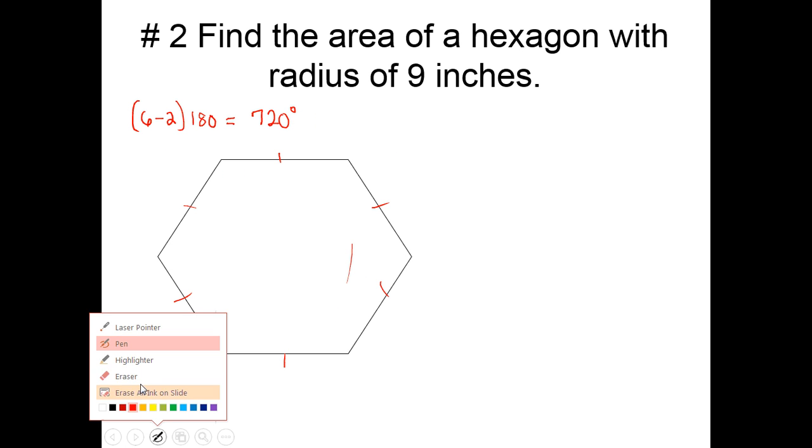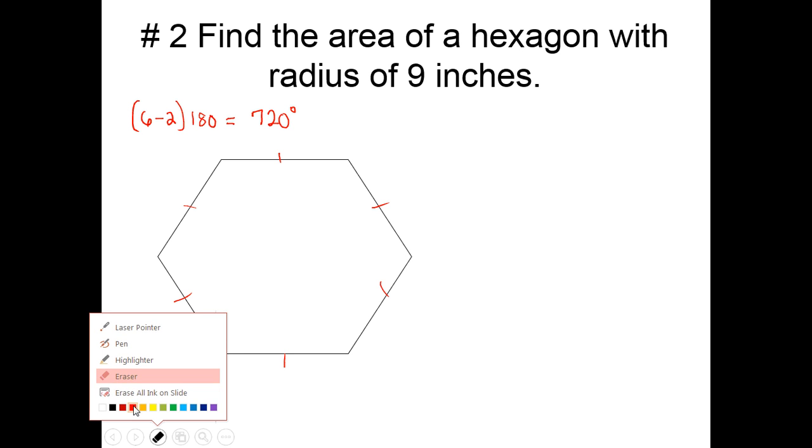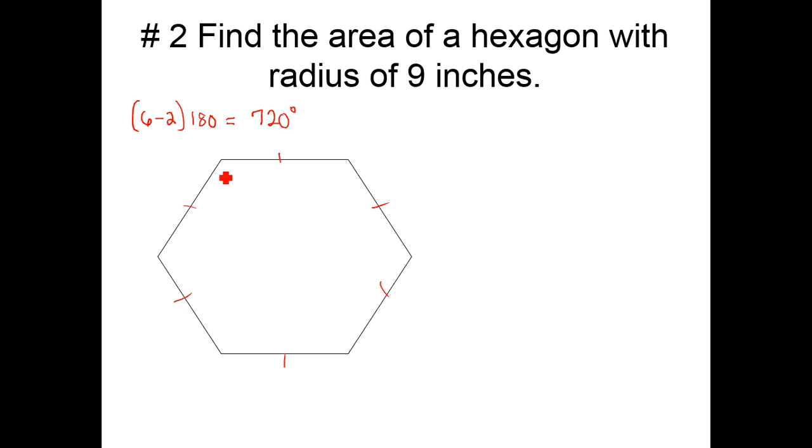Now, I want to know how many degrees are in each one of these angles. So I would take 720 and divide that by 6, and that would give me 120 degrees. So I'd have 120 degrees here, 120 here, 120, 120, 120.